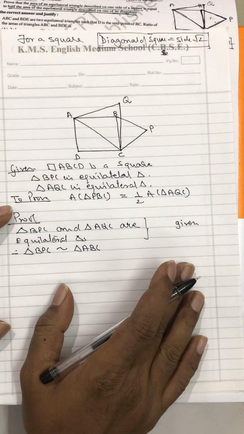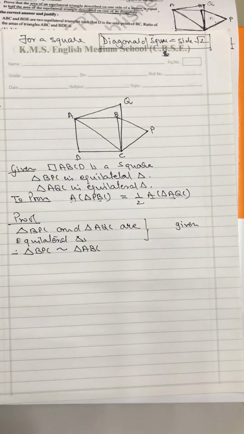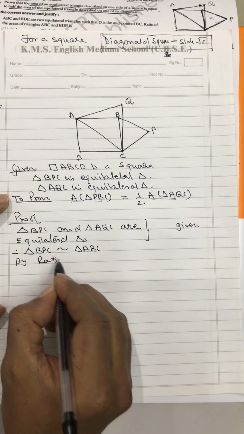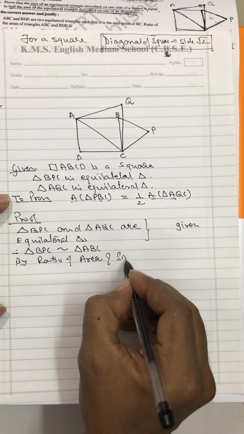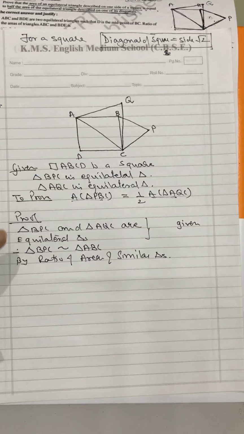And now what are they asking me to prove? Only the ratio of areas. So basically here I will use the ratio of areas of similar triangles. Because there are two properties of ratio of areas of triangles.